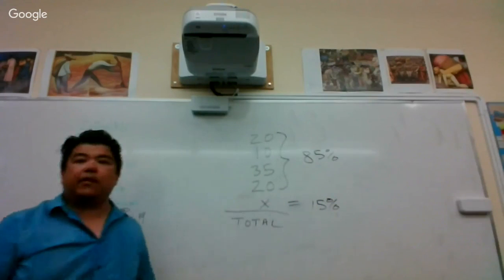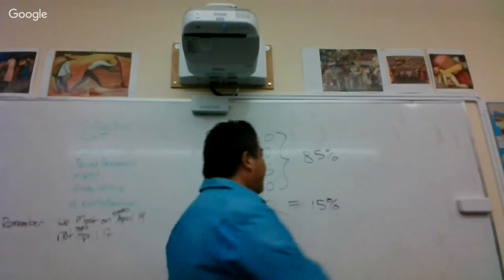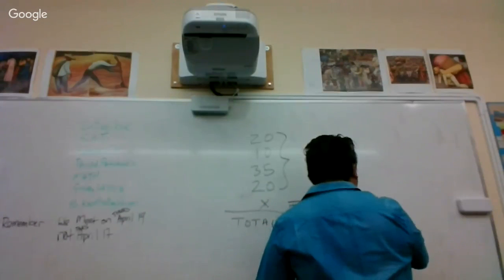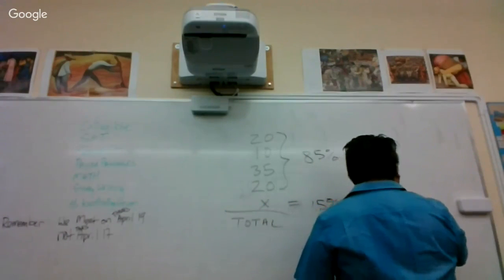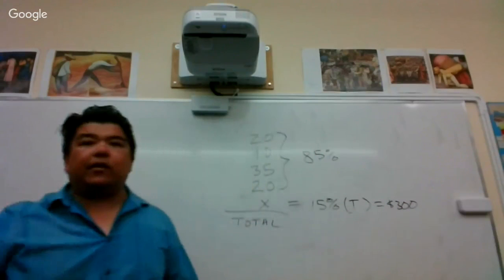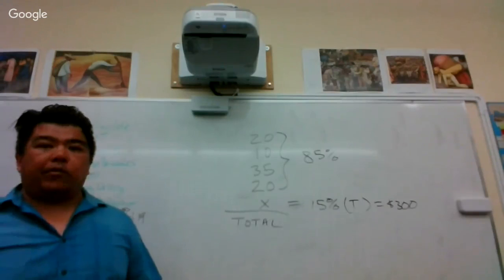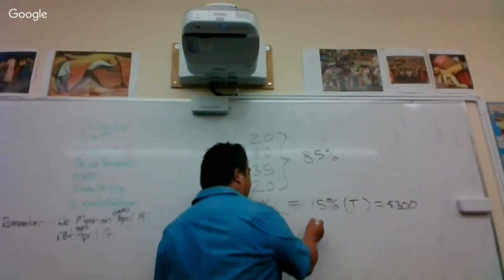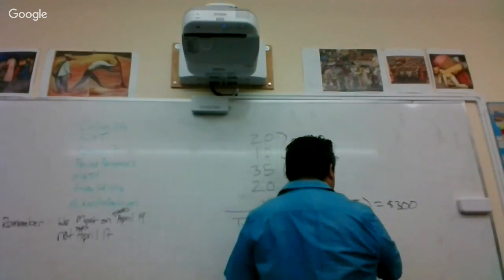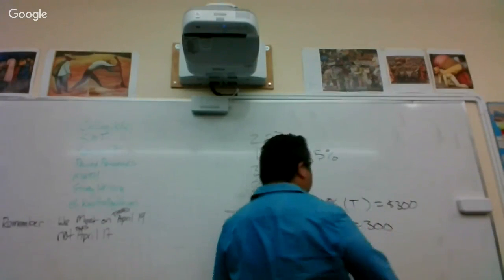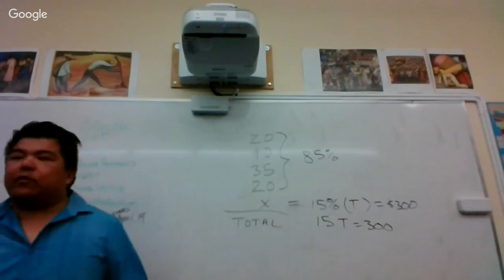So 15% of the total equals 300. Yeah. That's good. And then what do you do with it? Convert that to a decimal. Turn it to decimal. Okay, and then divide both sides. Divide both sides.